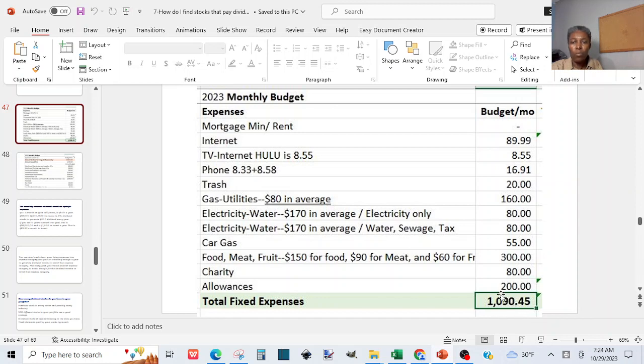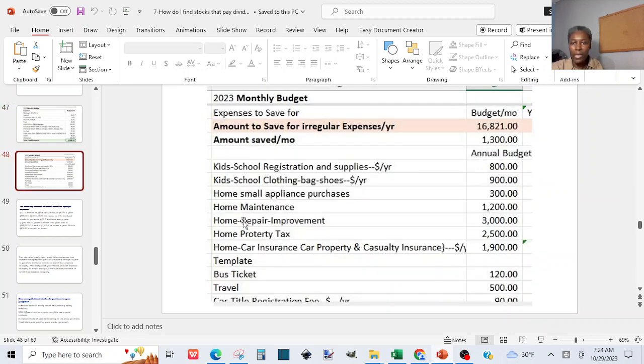So if we just say 1,000, just to round numbers, for basic living expenses, and for irregular expenses, that's where some of our wants are included.